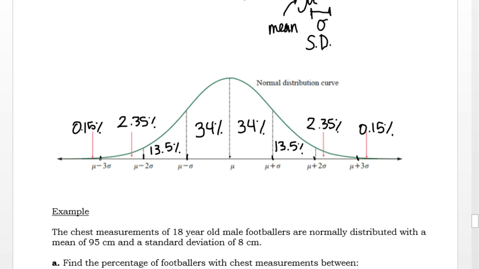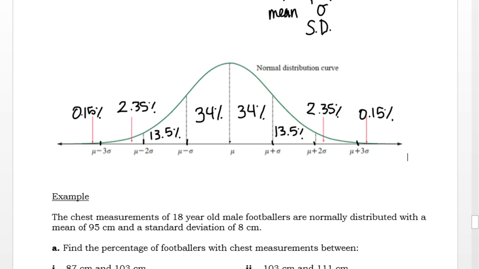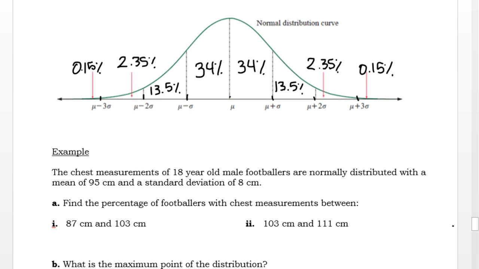So I'm going to reuse these percentages, and I'm going to use this to do example A. Example A says the chest measurements of 18-year-old male footballers are normally distributed with a mean of 95 centimeters and a standard deviation of 8 centimeters. If the mean is 95, I have 95 at the center of my distribution, and I will scale my axis using the standard deviation, which is 8.